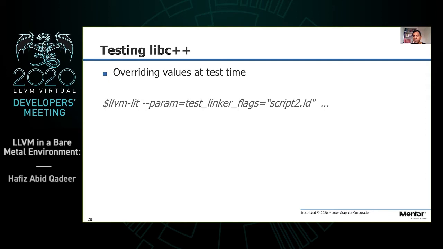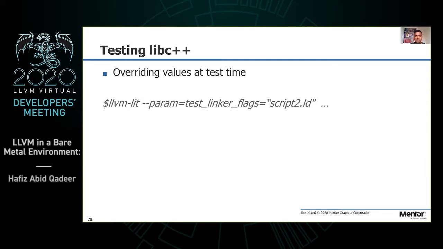But if you are running LLVM lit directly, you don't need to do this. You can override the values of these variables by using the syntax as shown here. And you will need to know the name of the config variable that this CMake variable corresponds to, and then you can override them on the command line.